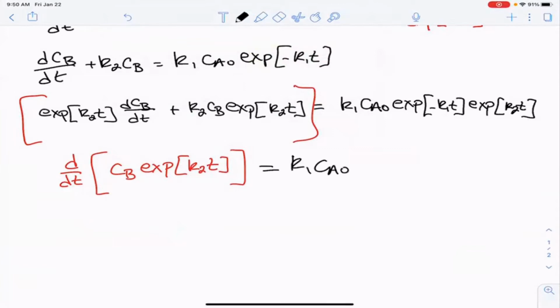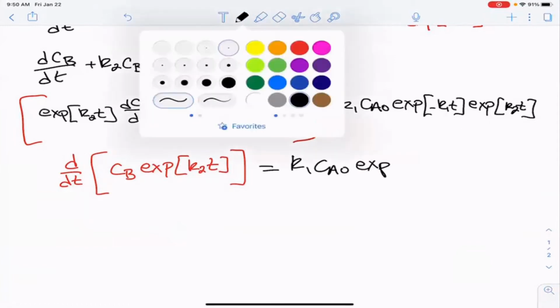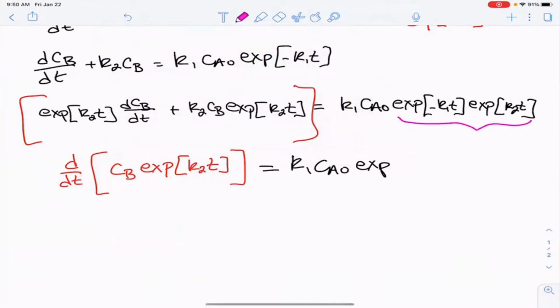That's k1 times CA0 times the exponent, and we can combine these two exponent terms to simply be k2 minus k1 times time, just using some rules of the exponents.